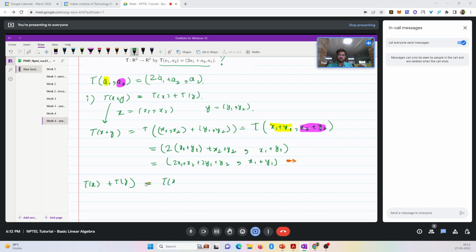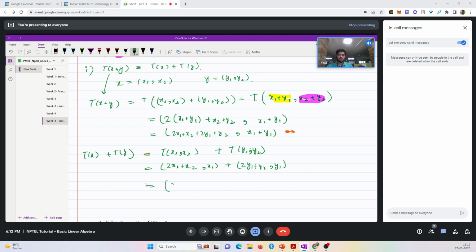T of x1, x2 plus T of y1, y2. The first term gives you 2x1 plus x2, comma x1, and the second term is 2y1 plus y2, comma y1.